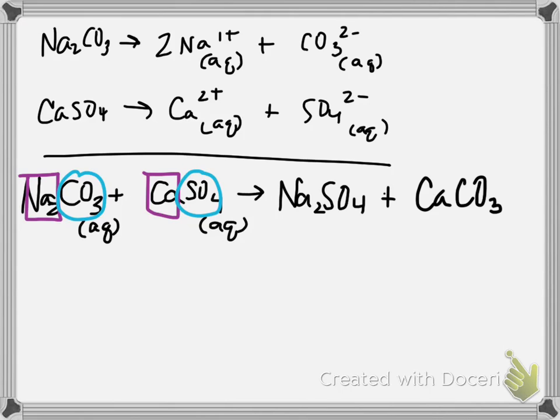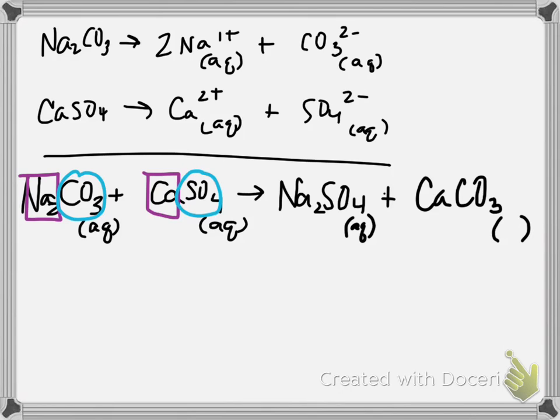What do we have to do in terms of figuring out if we're going to get a precipitate out of this? Predict solubility! We're going to predict solubility. So, using your solubility table in the book, is sodium sulfate soluble? Okay, sodium sulfate is soluble, so this is going to be an aqueous solution.